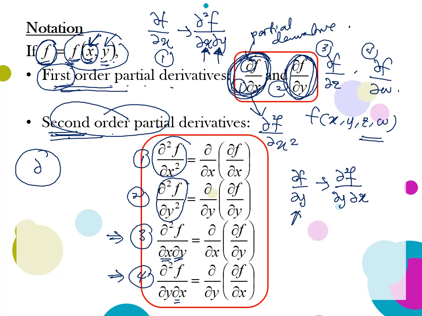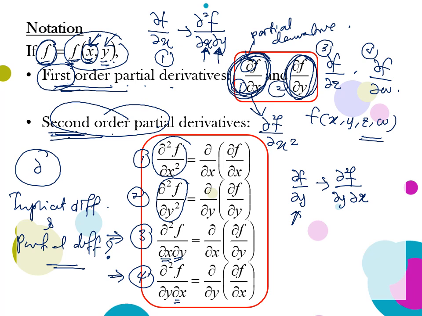Alright, so if you still remember implicit differentiation, what is the difference between implicit and partial? I will answer this in the next slide.